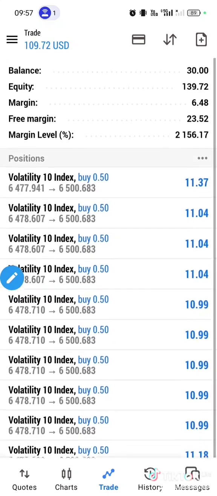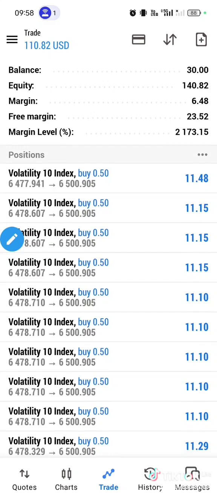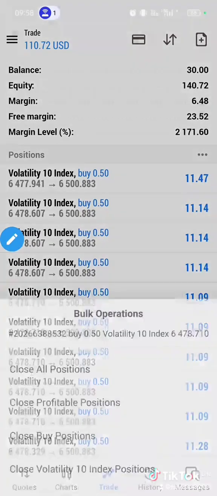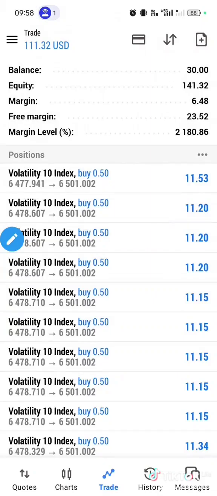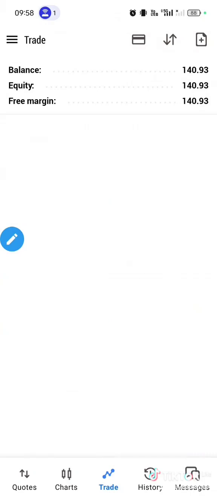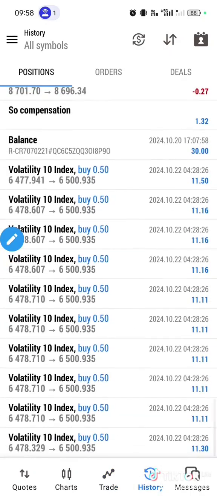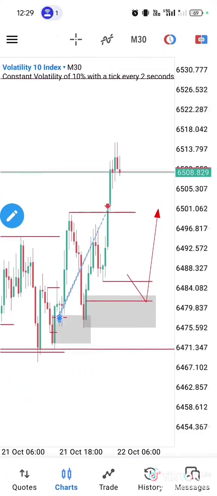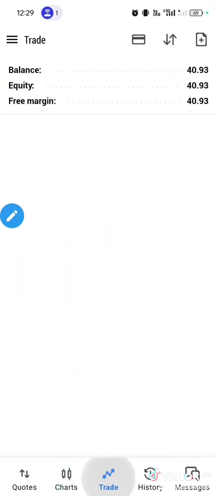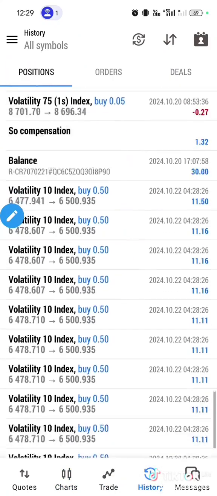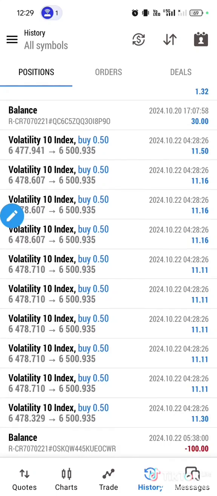I was satisfied with the profit. I decided to close right about now, and this is when I closed. So I closed at 140, and of course, you know our motto: cash out when you can. So I decided to cash out. You can see it continued to move up, and there's the history. We had cashed out 100 USD.